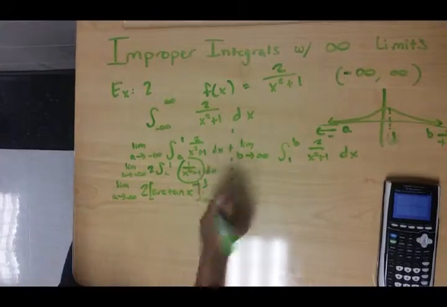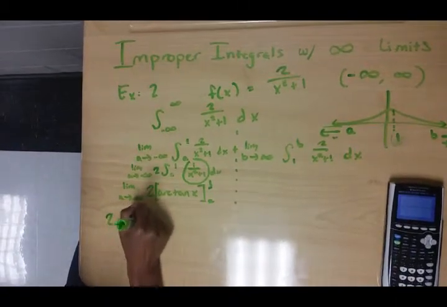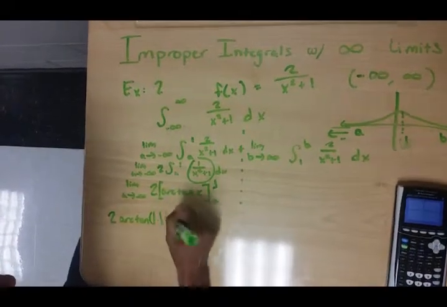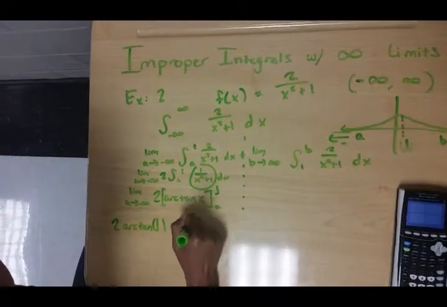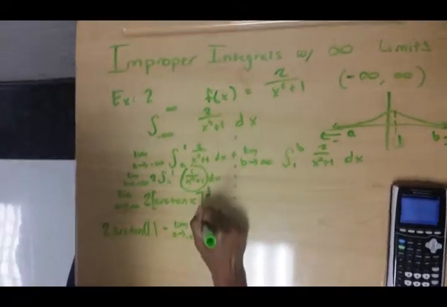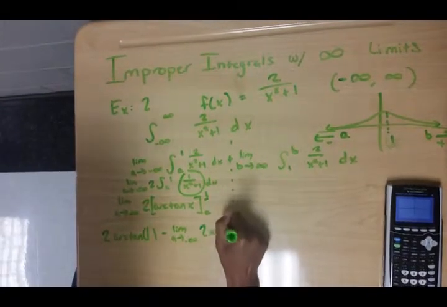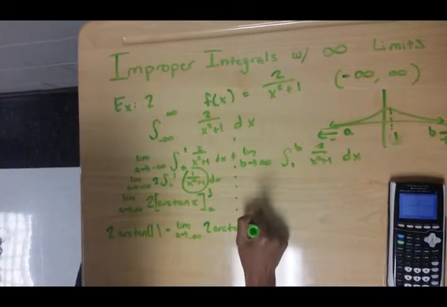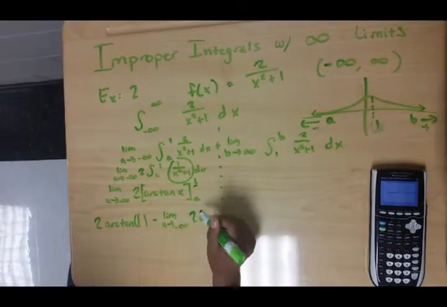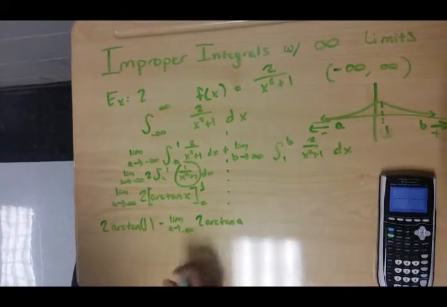It's top minus bottom, correct? So it's going to be 2 times the arctan of 1 minus the limit as a goes to negative infinity of 2 times the arctan of a. And when a goes to negative infinity, arctan is going to equal negative pi over 2.